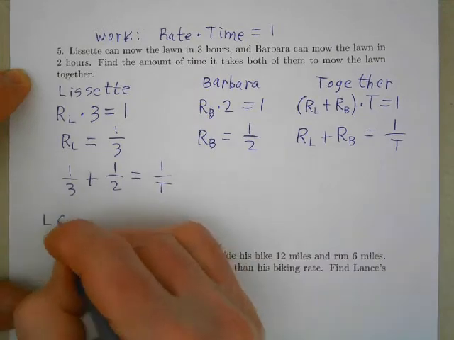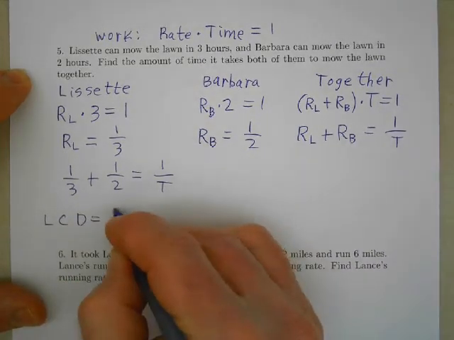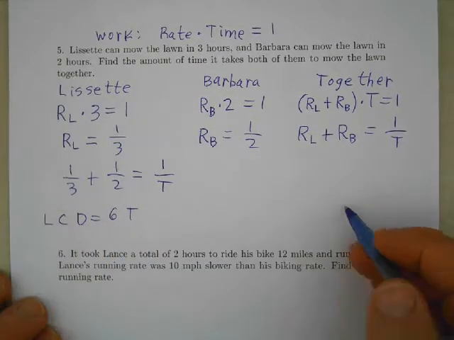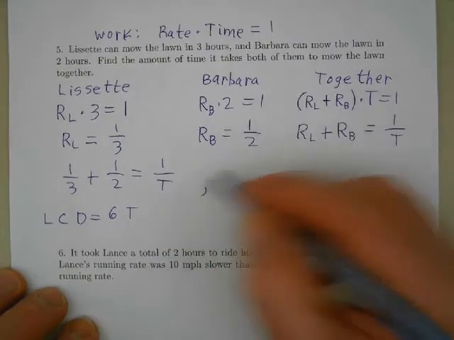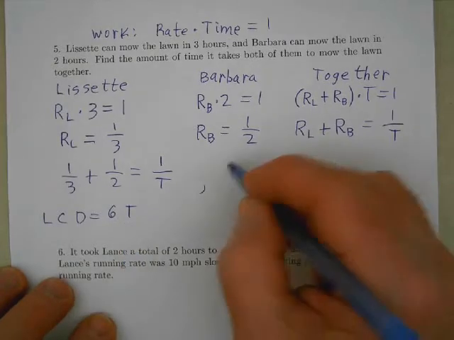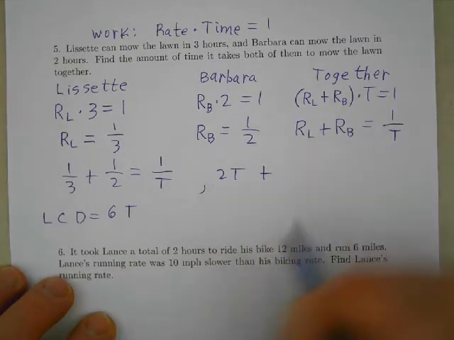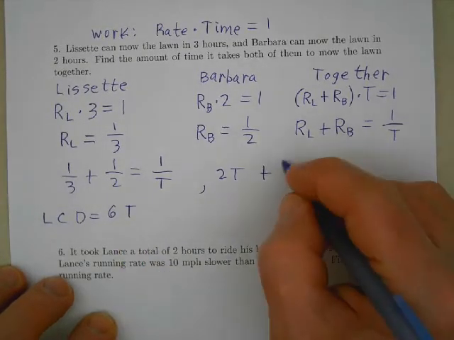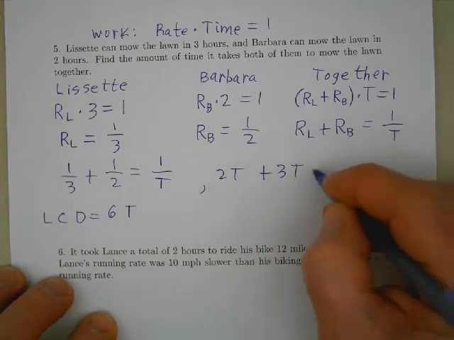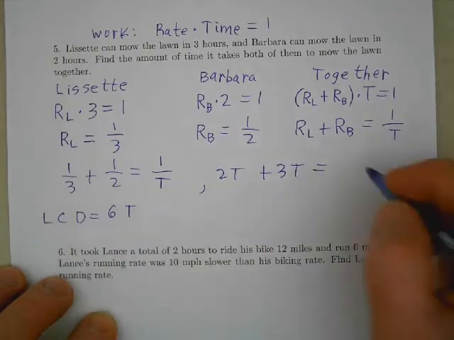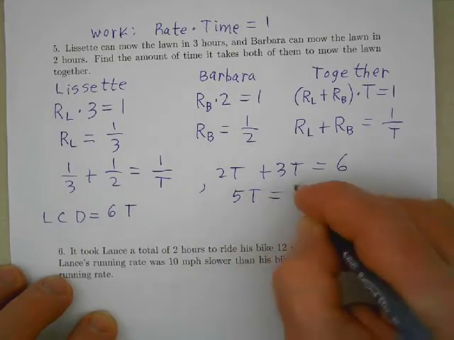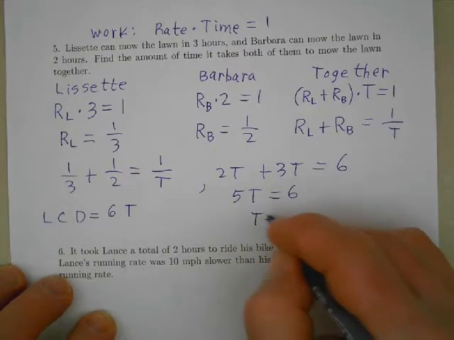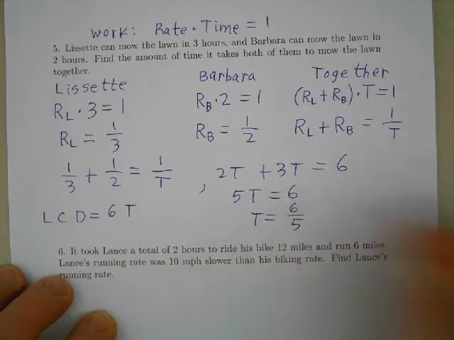The least common multiple of the denominators is 6 times t, so we multiply every term on both sides by 6 times t. 6t times 1/3 is 2t, 1/2 times 6t is 3t, and 6t times 1/t is 6. 5t is 6, and so t equals 6/5 hours.